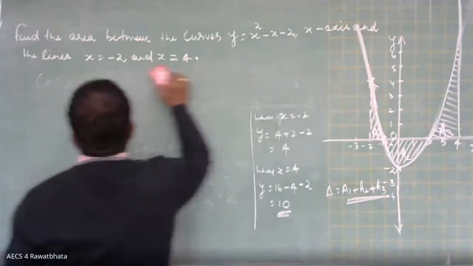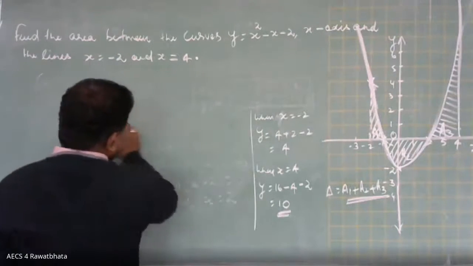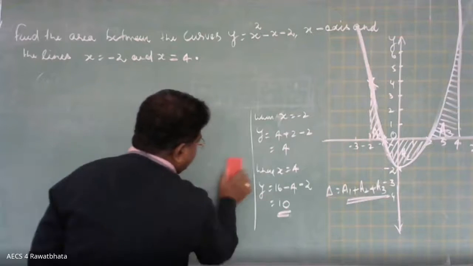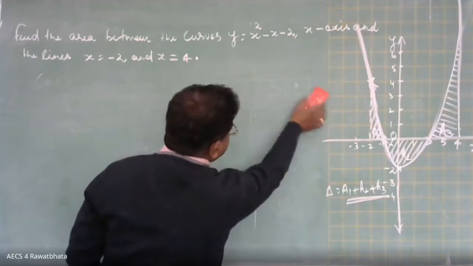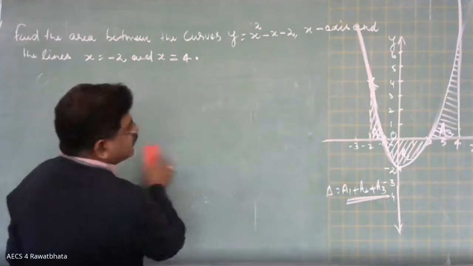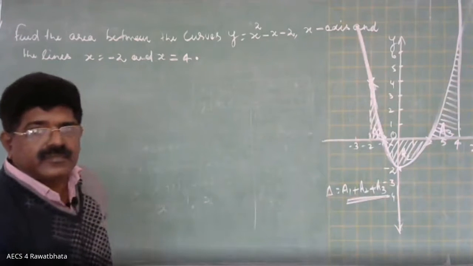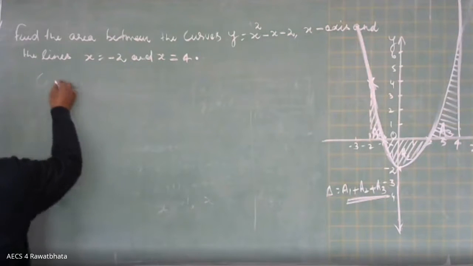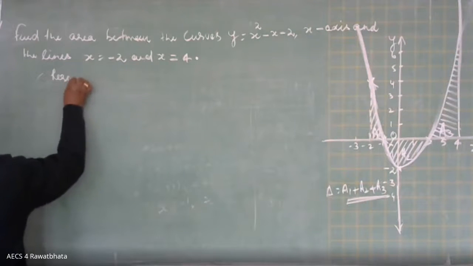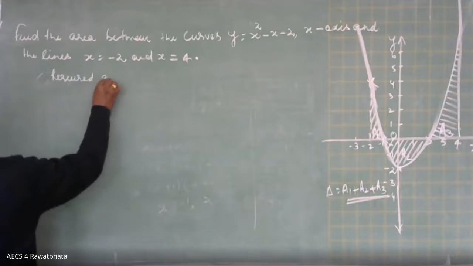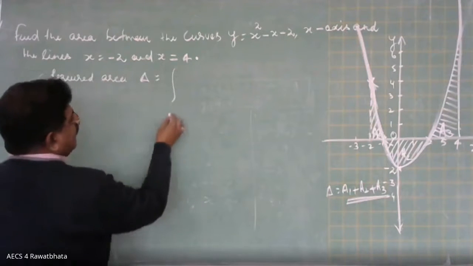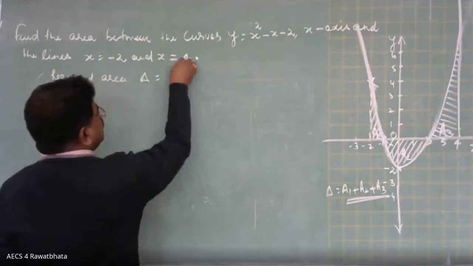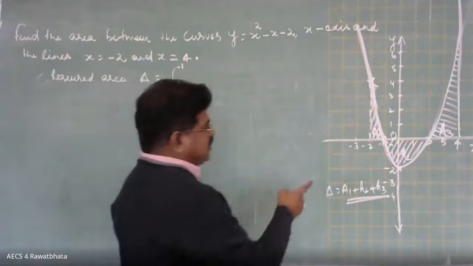First you have to find the points, then sketch the graph, then find the area accordingly. So the required area, delta, is from minus 2 to minus 1.